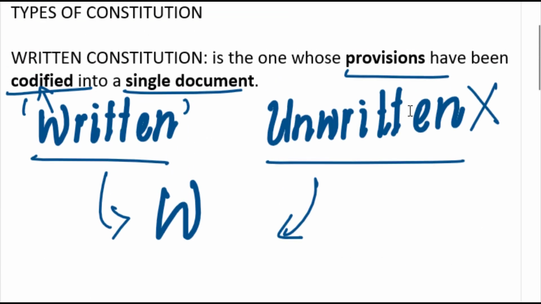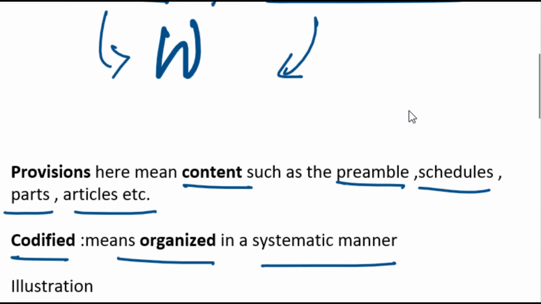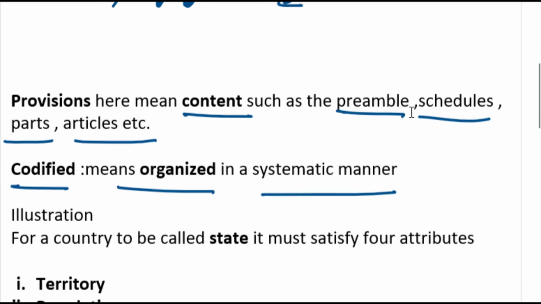So we are trying to distinguish between a written Constitution and an unwritten Constitution. We understood that both are written, with the exception of the written Constitution also being the codified Constitution. So we understand what the provisions mean. Now we are trying to understand what the term codified means.